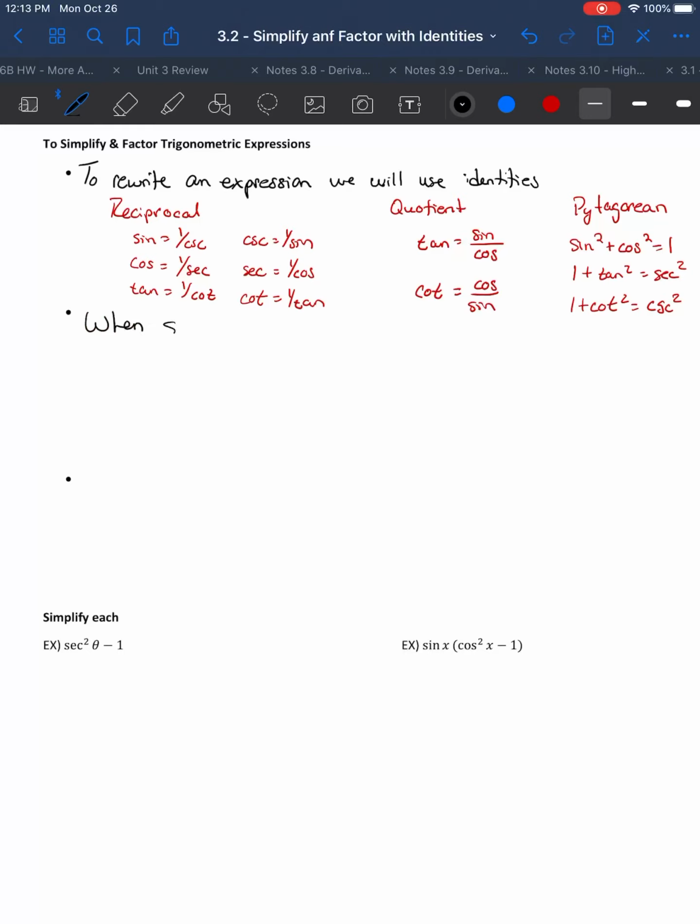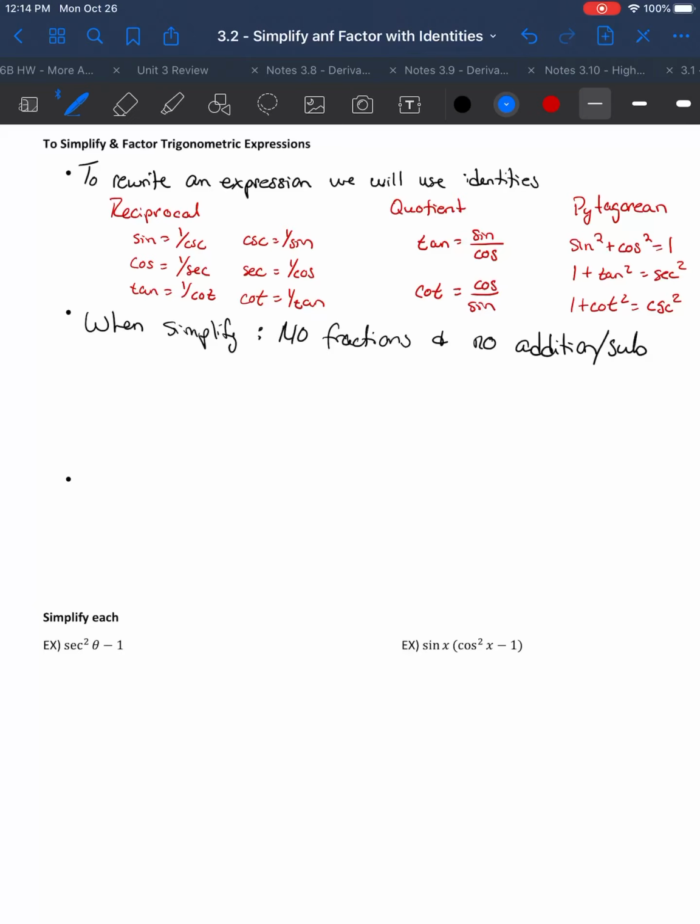When we're simplifying, we want no fractions and no addition or subtraction. As you start working these problems, the ultimate goal is to get rid of all addition, subtraction symbols and all fractions. If you haven't done that yet, that means you can keep going.